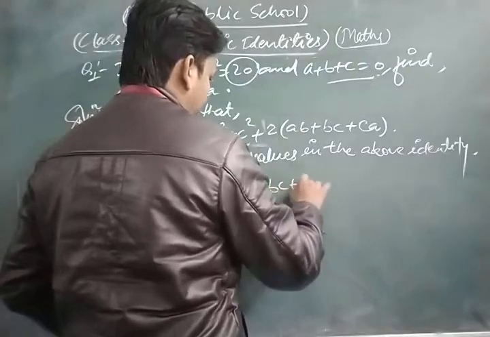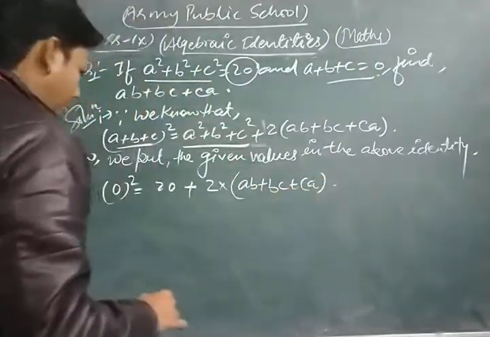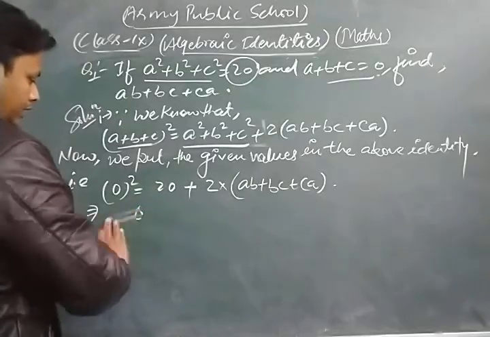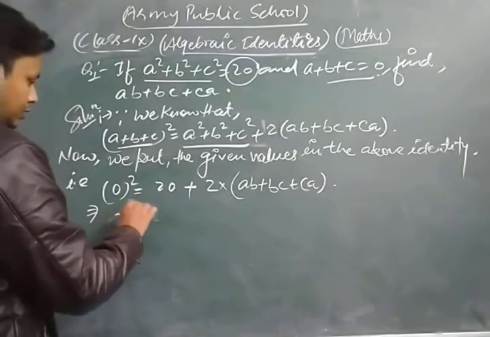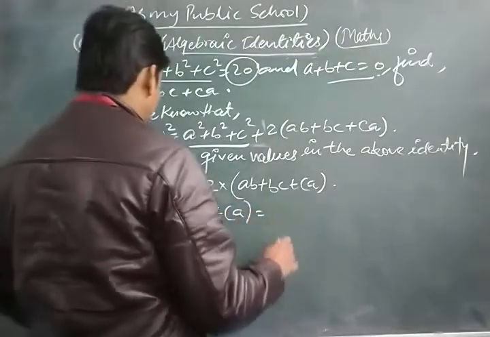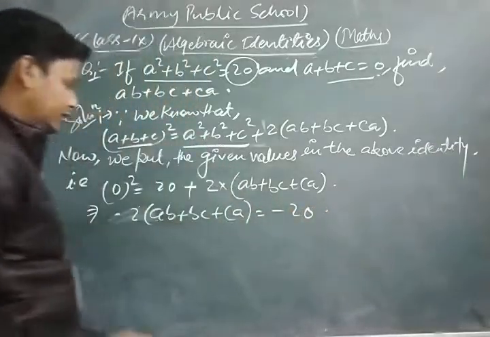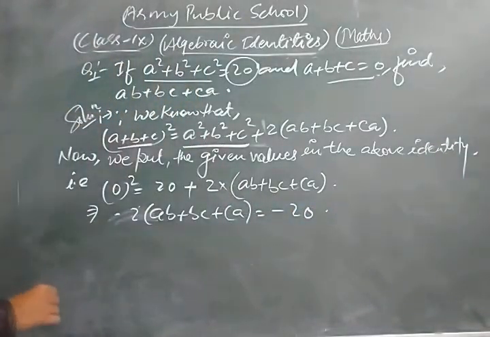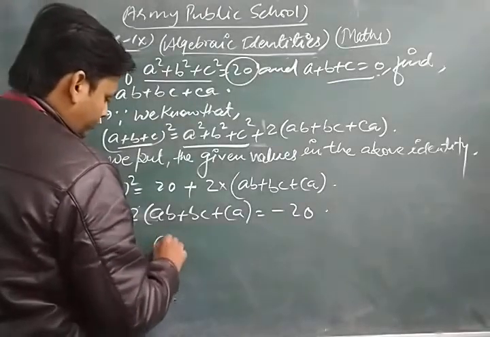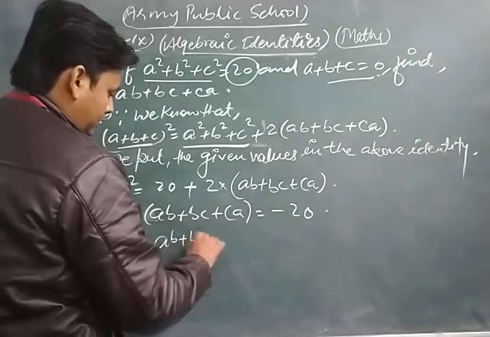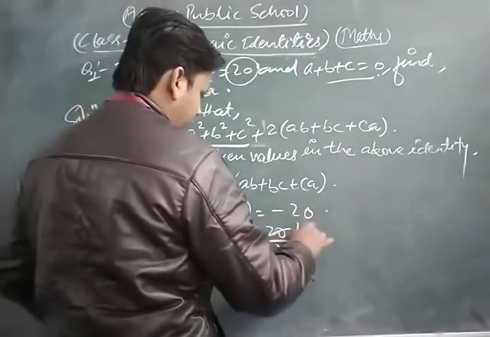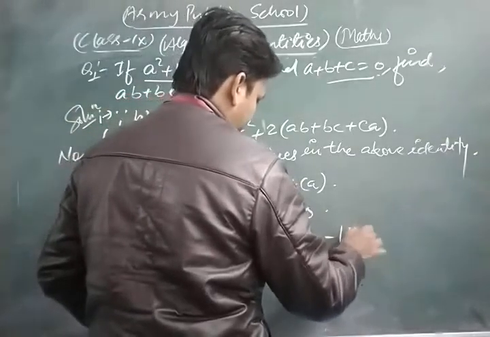Now 0 square is 0, and 20 transferred to that side, that is 2 times ab plus bc plus ca is equal to minus 20. That is, the value of ab plus bc plus ca is equal to minus 20 upon 2, 2 10s are 20, that is minus 10.